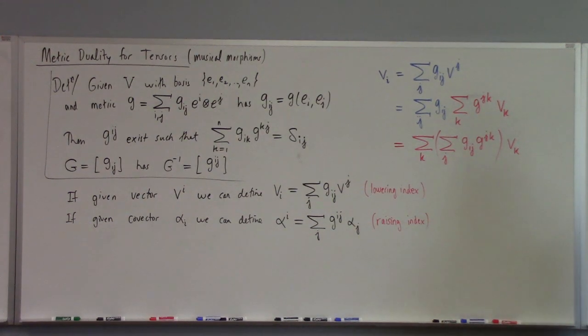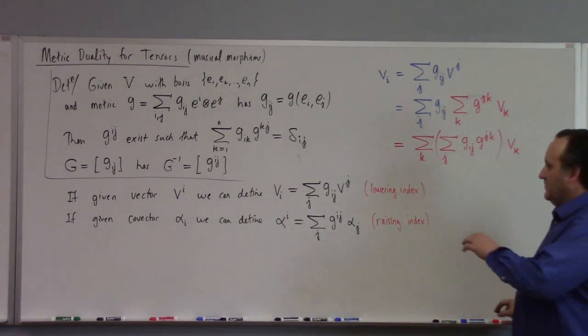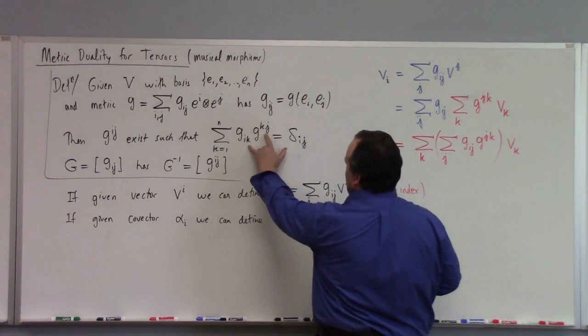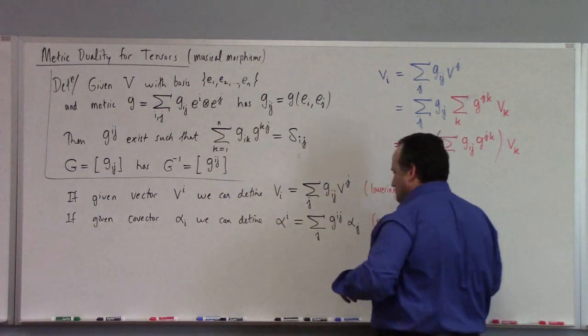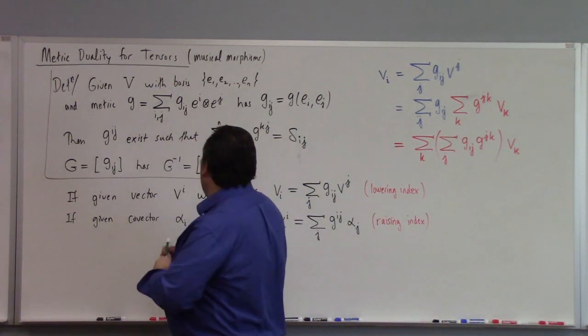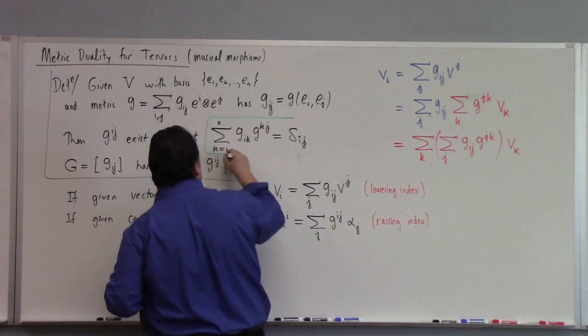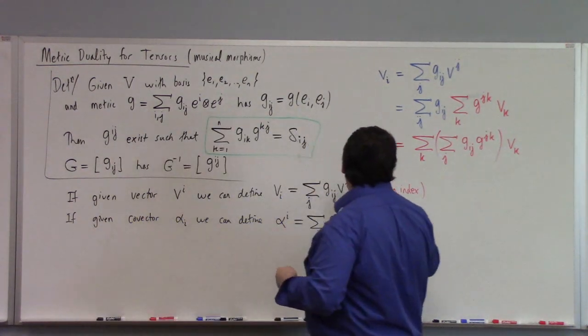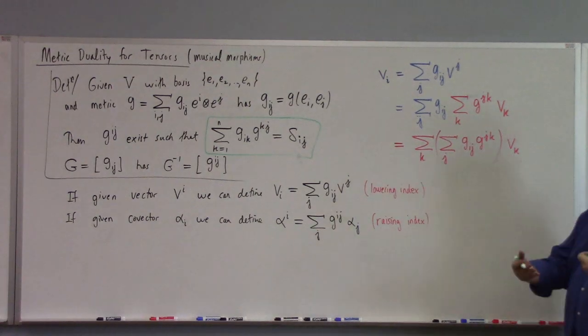But what's the thing in the middle? The metric and the inverse metric are inverse as matrices.